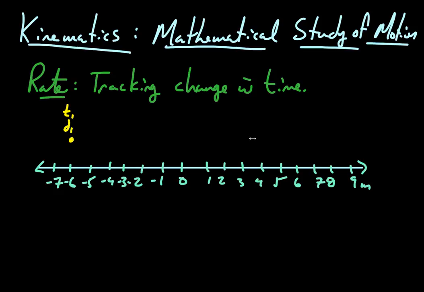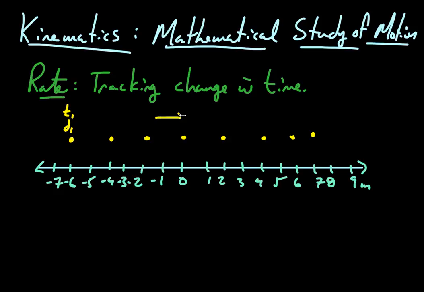And then sometime later, this object has moved over to here. And we'll say that it's moved constantly, right? It hasn't accelerated, it's just moved at regular intervals across this number line.